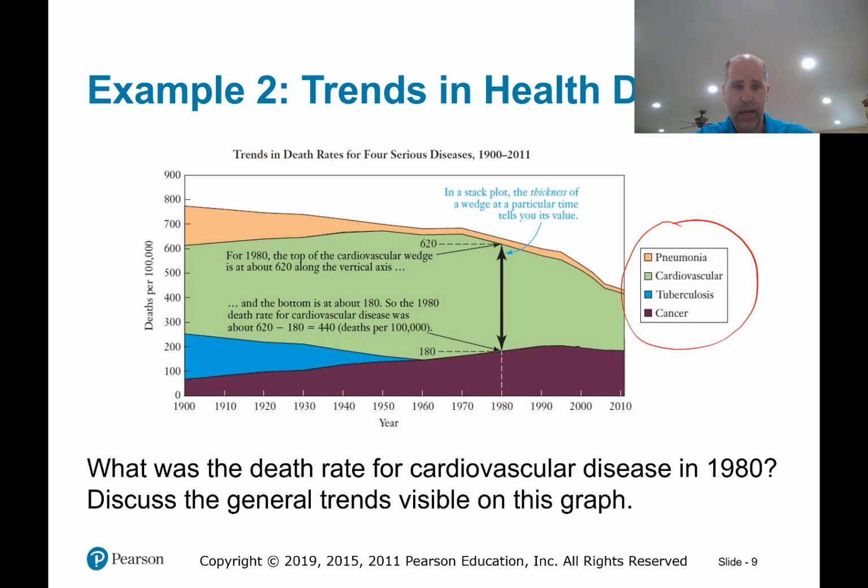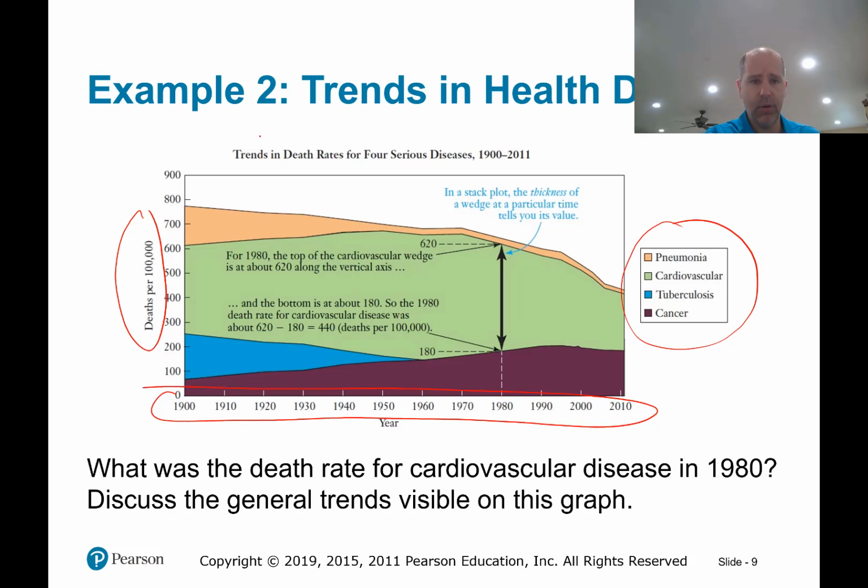Then you've got the death rates here on the y-axis, the vertical axis, deaths per 100,000. And of course, this is a time series. It's over the course of years. So these are trends. Notice it's got a nice title. It's got the trends in death rates for the four serious diseases.